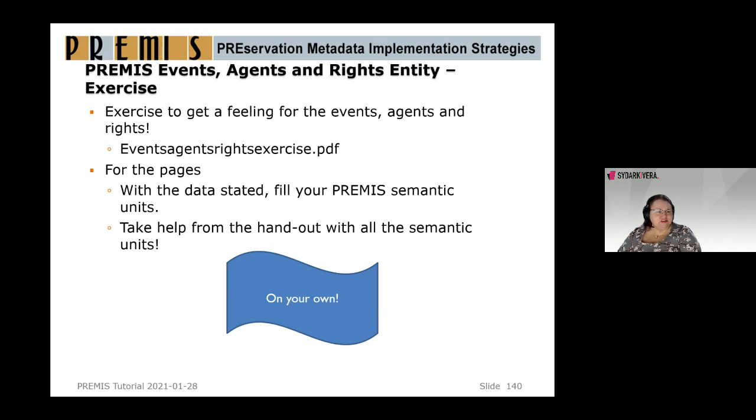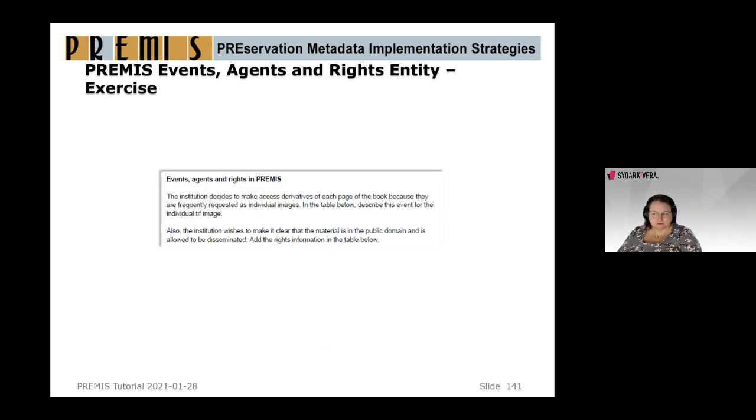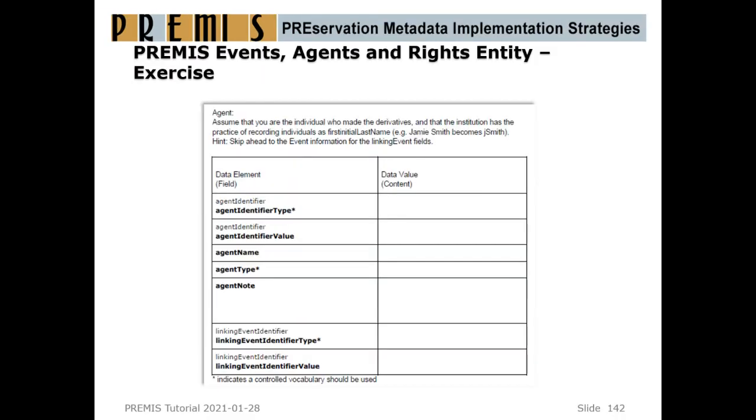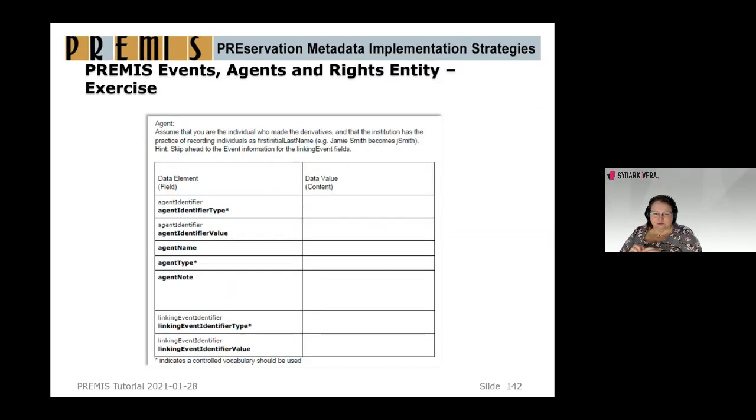So you get the information on the first page, what you know about it, and then you have some extra information, and you have some assumptions. Read them thoroughly, and then you read them once more to really see what it's saying, because then you can actually start filling out the agent identifier value and the type.